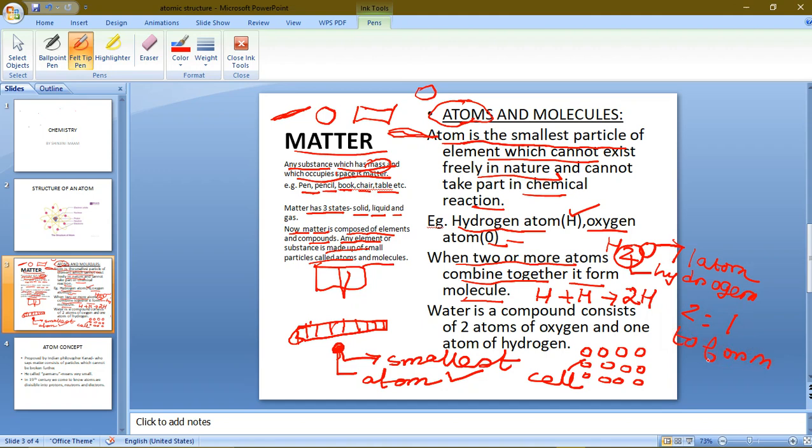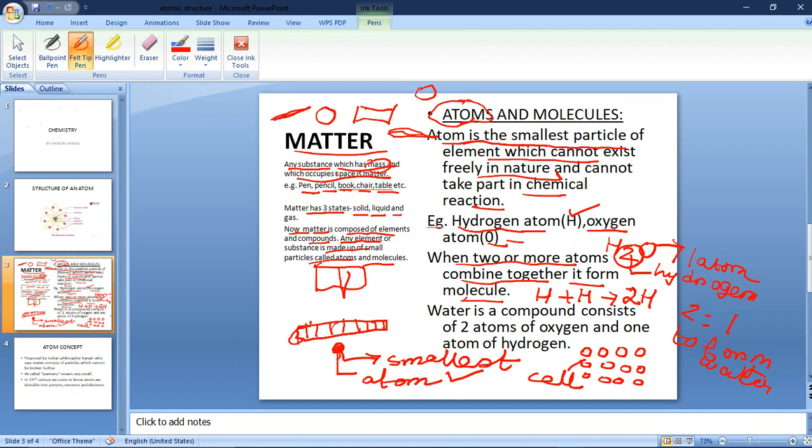So what is an atom? Atom is the smallest part of an element which cannot exist freely in nature. They cannot react and they always remain in a combined form.